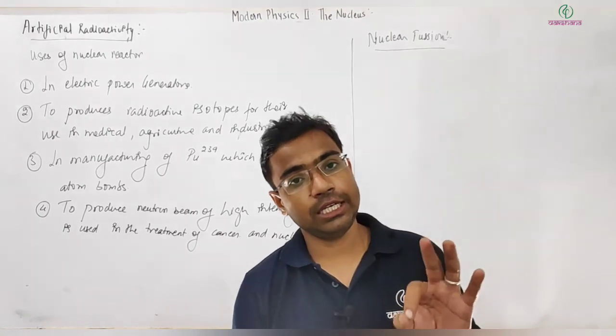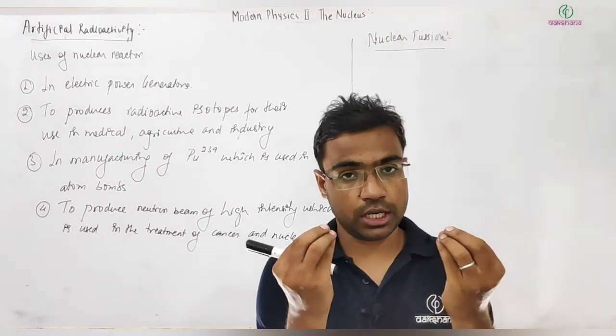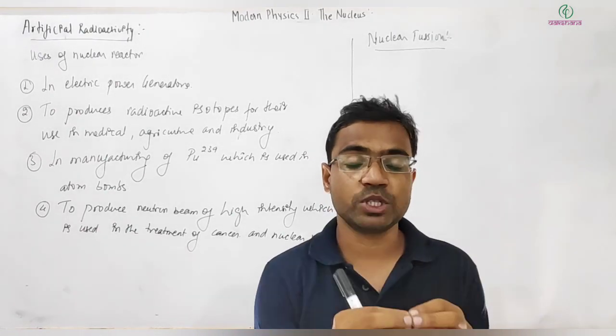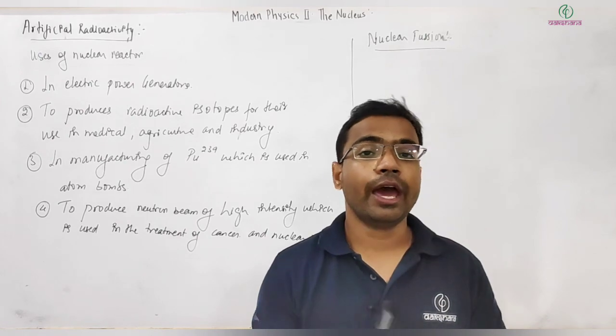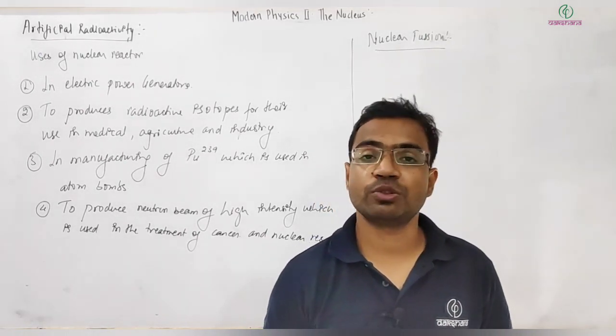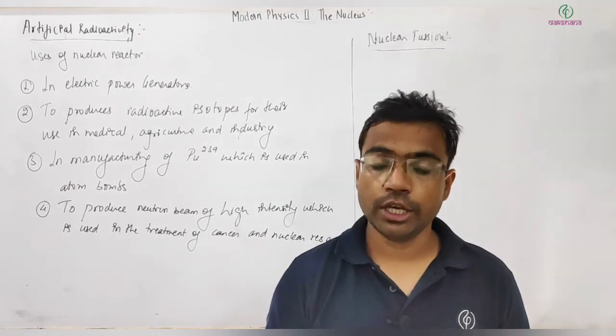Now you can see the requirement here, because to fuse the lighter nuclei they must be brought very close, and that can happen only when the pressure is very high, of the order of 10 to the power 6, and the temperature of the order of 10 to the power 8 Kelvin.